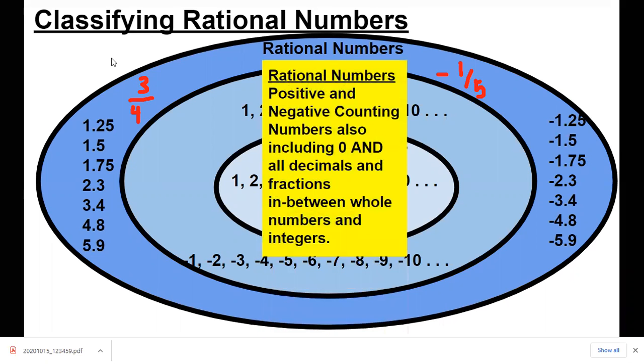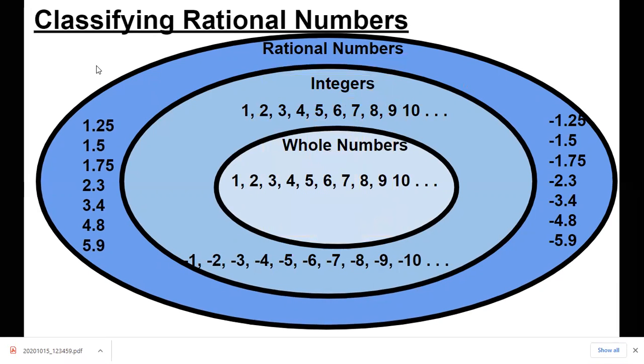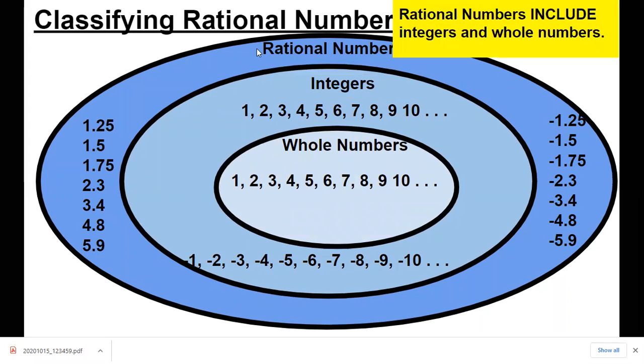So rational numbers include the positive and negative counting numbers, also including 0, and they include all the decimals and fractions in between whole numbers and integers. So they're every other number in between the numbers on the number line, okay? Rational numbers include integers and whole numbers.